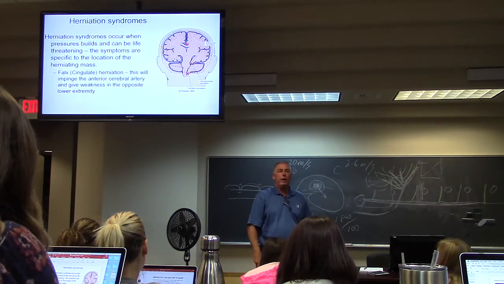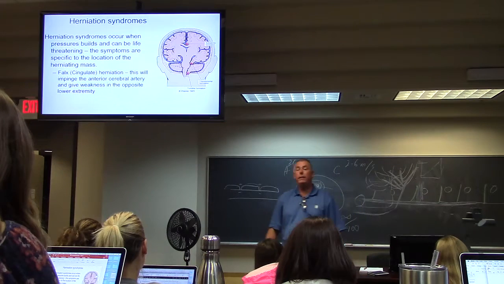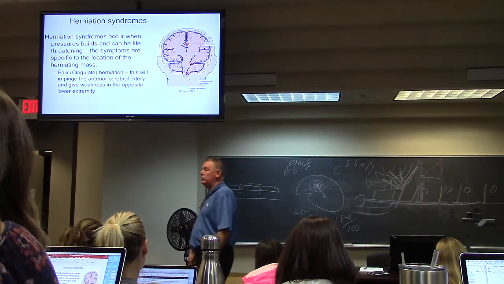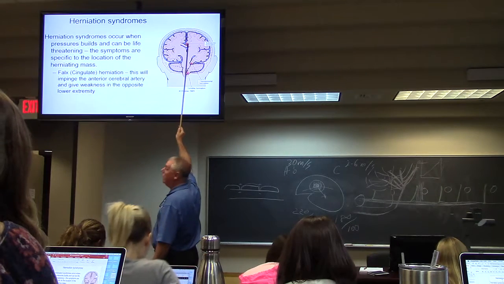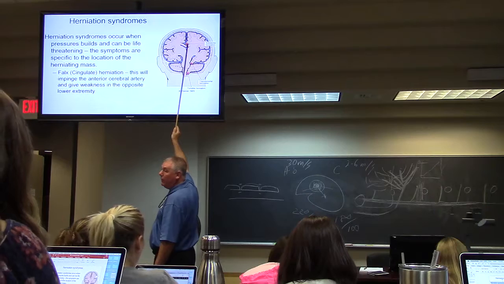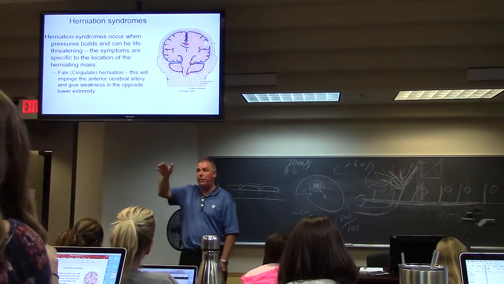There are different types of herniation symptoms based on ICP. You can herniate through the falx cerebri, which is right here. There's the falx cerebri. You can herniate one side into the other. Remember, the falx cerebri has a free margin.